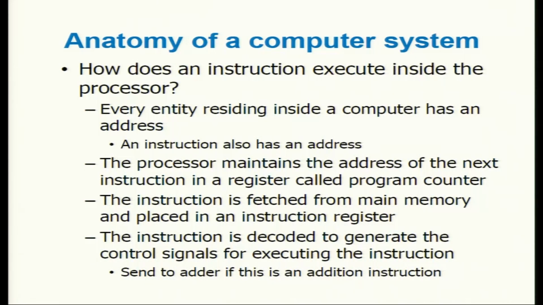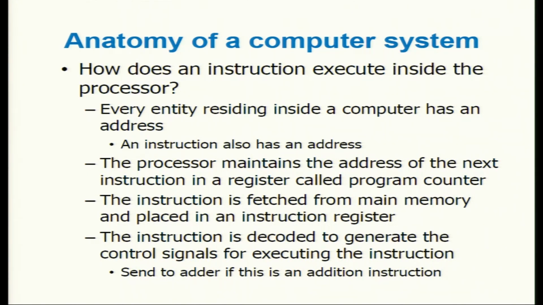So the first thing that we try to understand is how an instruction executes inside the processor. Now, every entity residing inside a computer has an address. That's extremely important to understand. So an instruction also has an address, and the processor maintains the address of the next instruction in a register called program counter. That's the name given to this particular location where this address is stored.